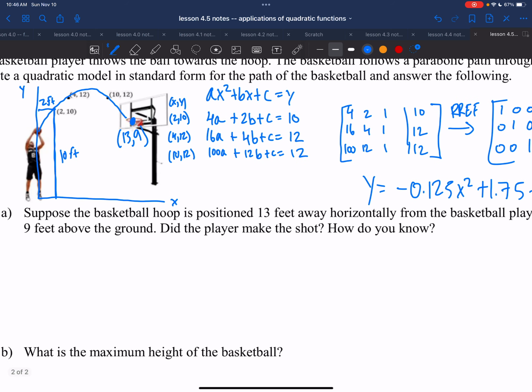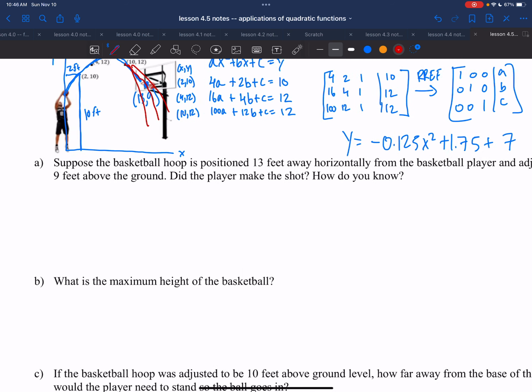So he's going to throw the ball, and we're following the path of the ball, and it's either going to go through that point or it's not. So how do you evaluate this?